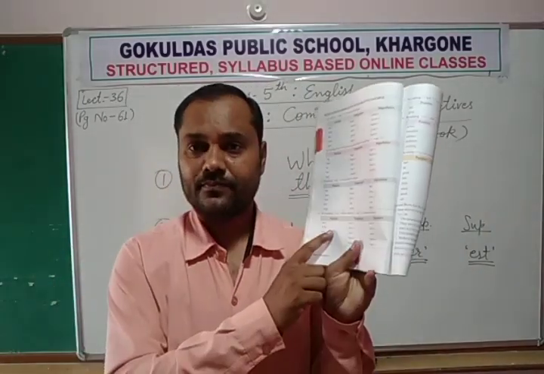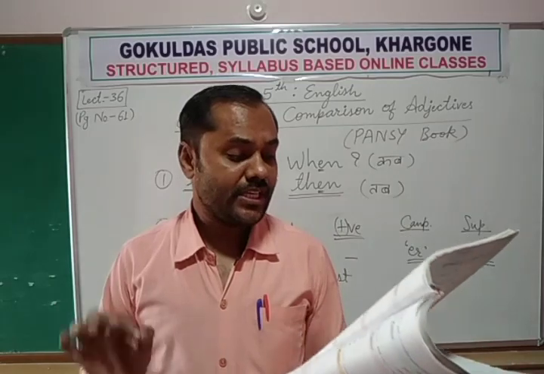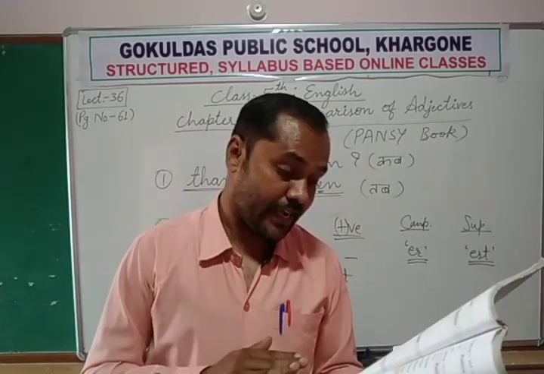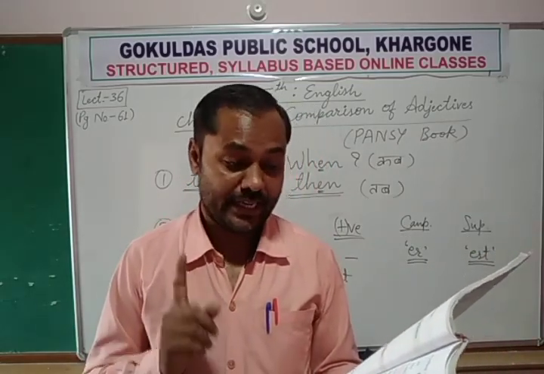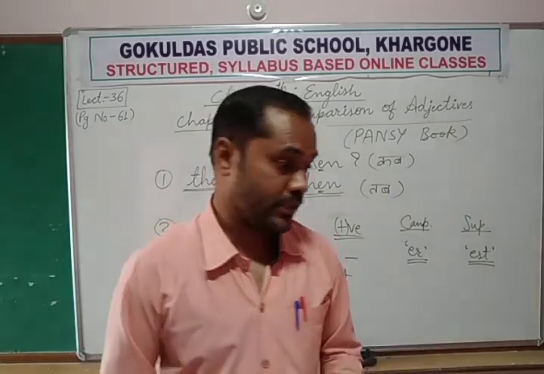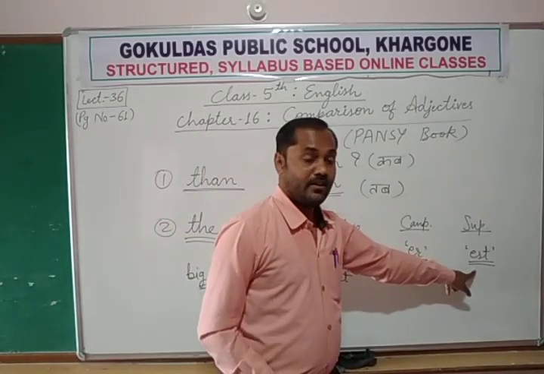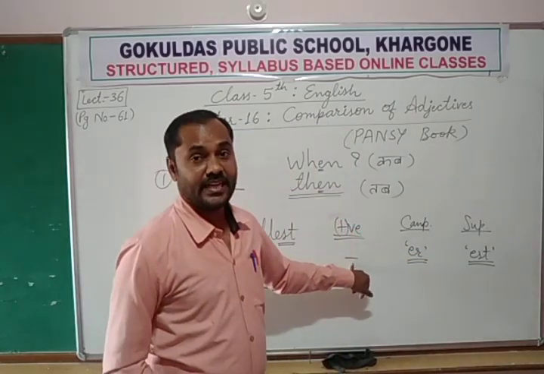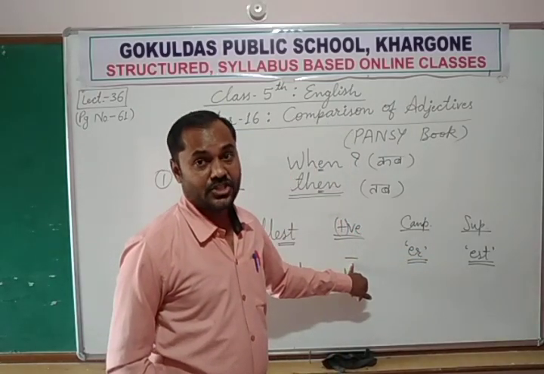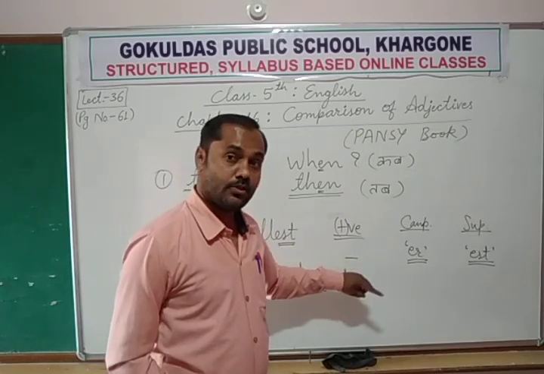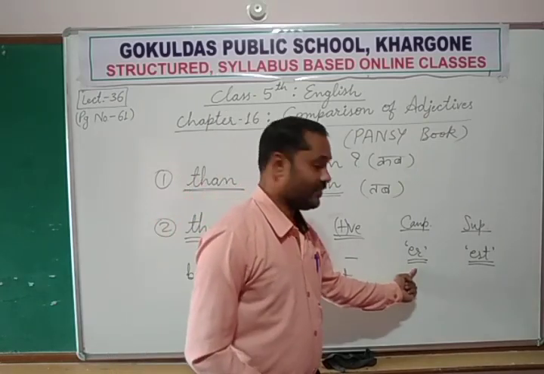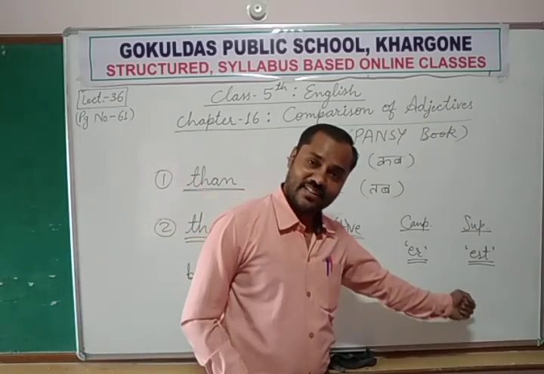Fourth table, the last one: by changing y into i before adding er or est to the positive degree. Again we are adding er or est, but when the positive degree ends with y, we change y into i, then we add er and est.